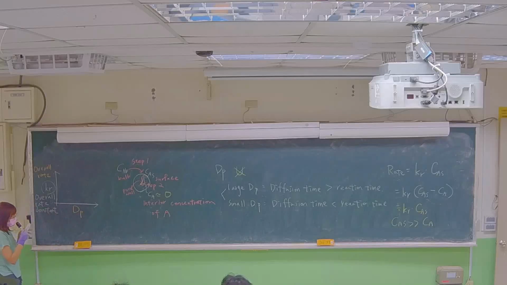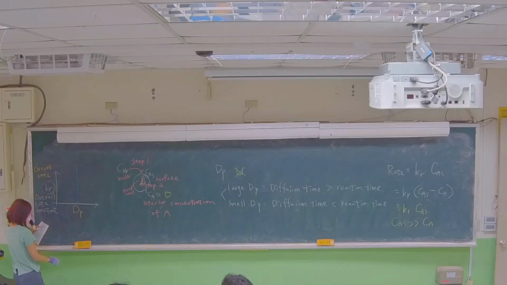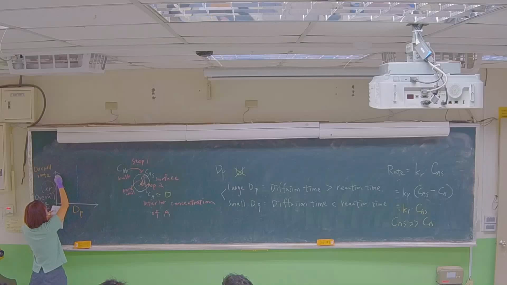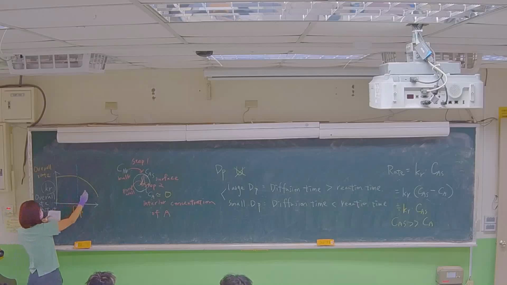Okay, so again, we can separate this figure into two parts. The first part is almost a parallel line, and the second part decreases with increasing dP. Okay, let's look at this part first.